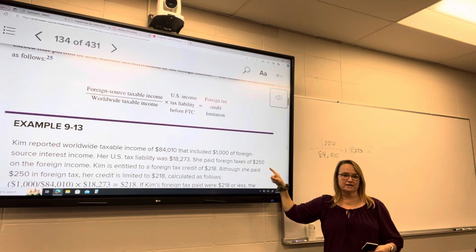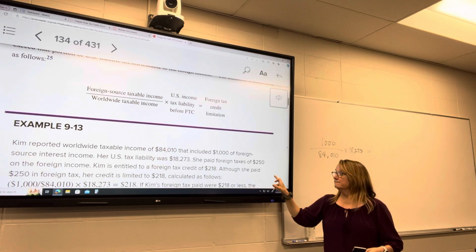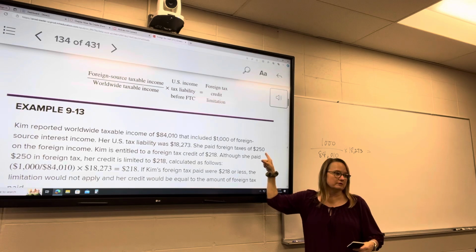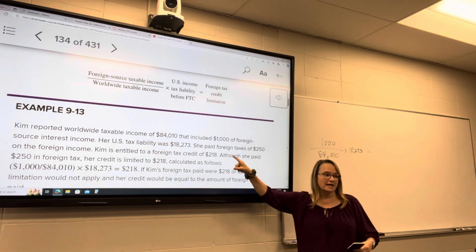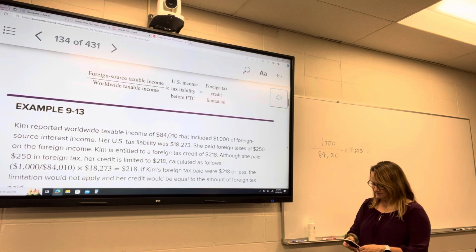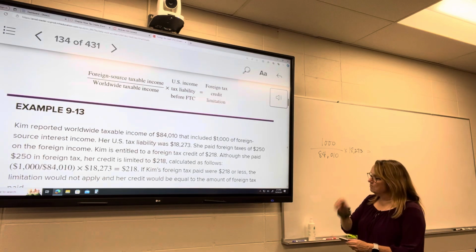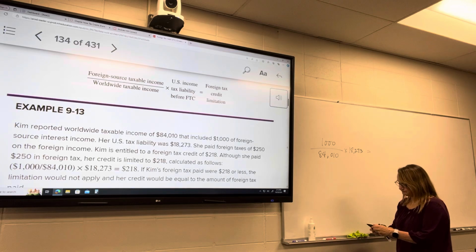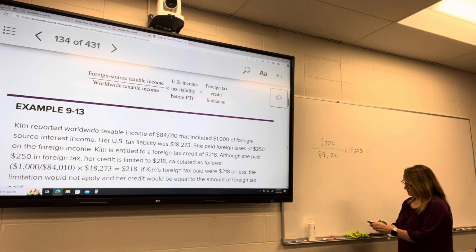So in this case, she paid $250 of taxes. This means that her tax rate in the foreign country is higher than it is here. The fact that this is more than this, but she's not going to get a credit for the full amount. She's only going to get a credit at the amount of the US taxes. So 1,000 divided by 84,010.